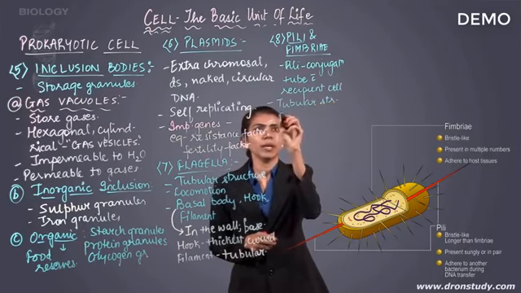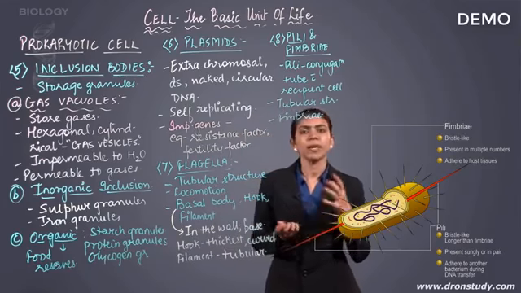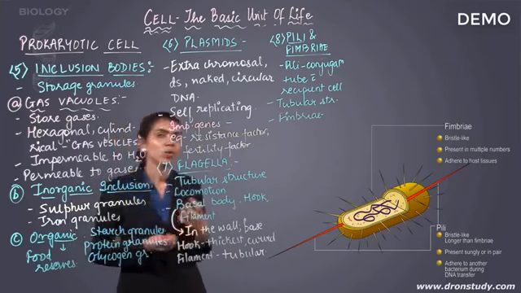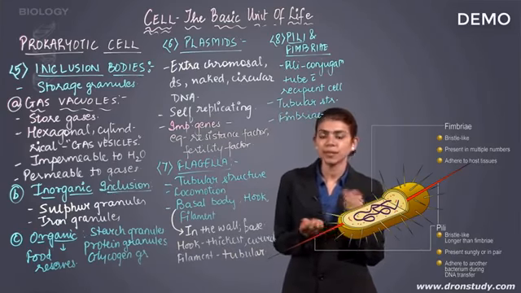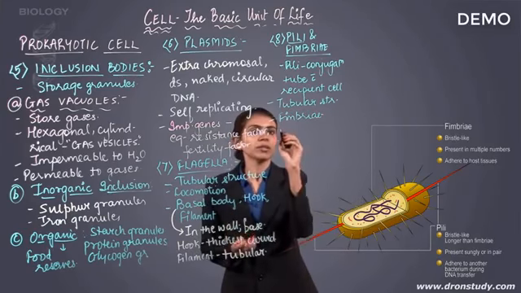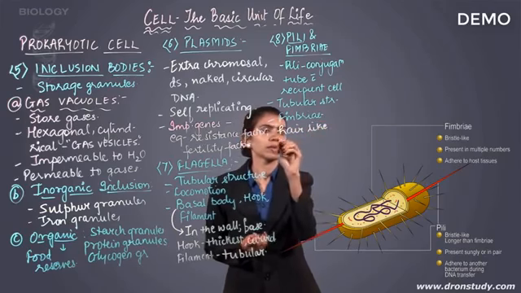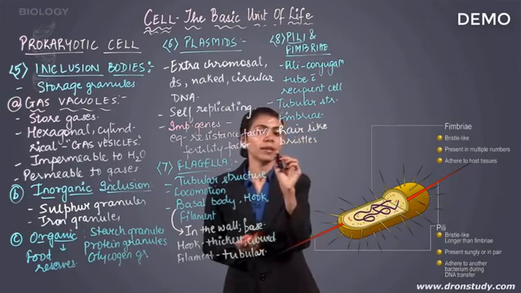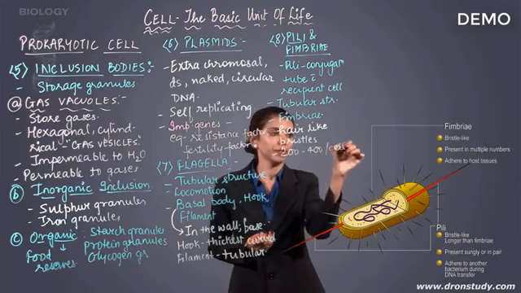Talking about the fimbriae. There are many fimbriae on one bacterial cell or one prokaryotic cell. The fimbriae are basically small hair-like bristle structures, and there are around 200 to 400 of them per cell.